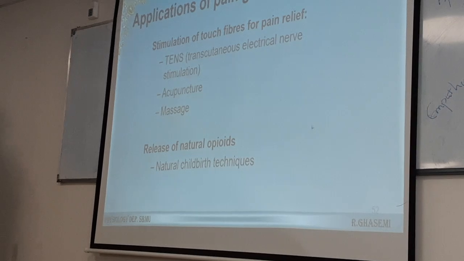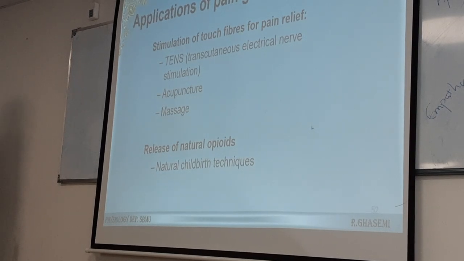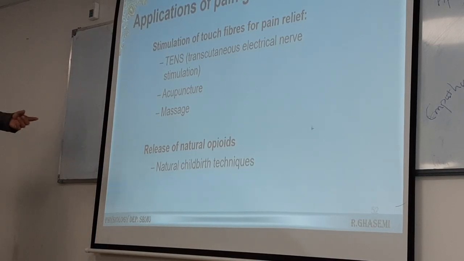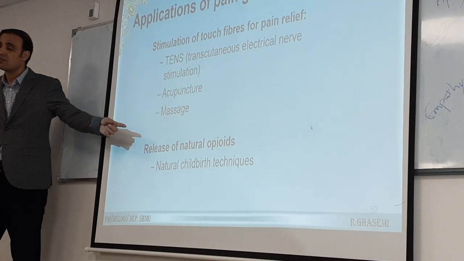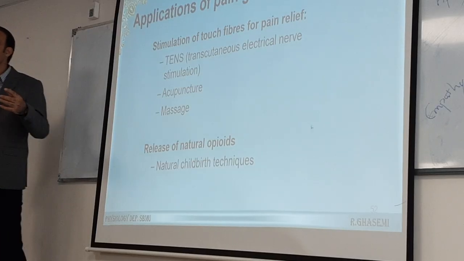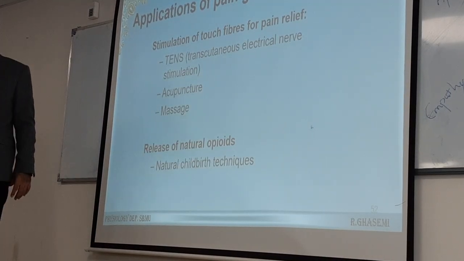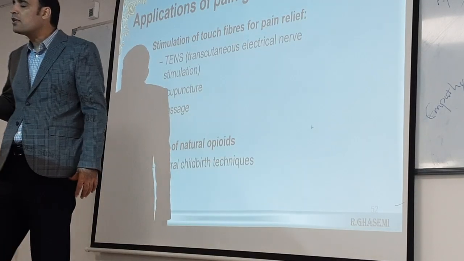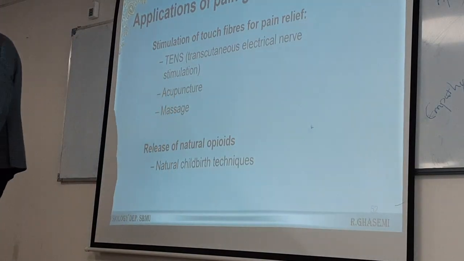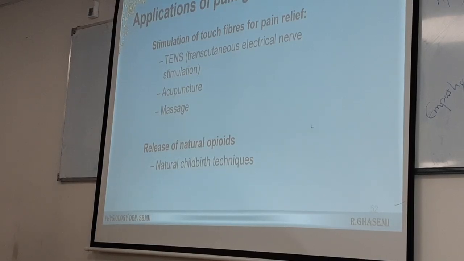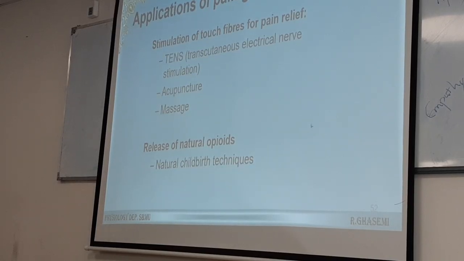And you know that the body has some mechanisms to control the pain, as I told you, such as natural childbirth techniques, which release lots of morphine. In the mother, at labor, lots of morphine is released in the spinal cord, and therefore the mother does sense the pain, but not severe pain.